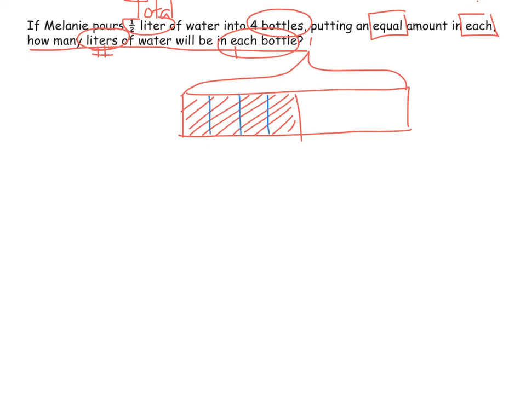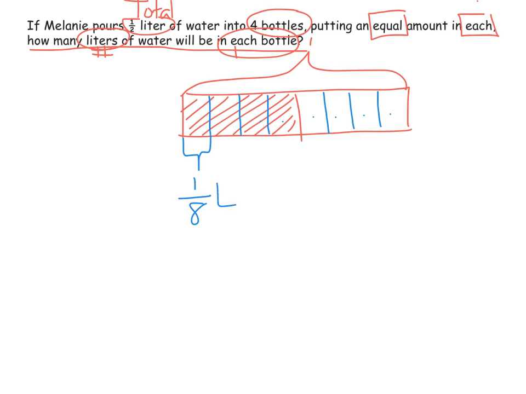There's my 4 bottles, but I can't just do 4 bottles on the left half. I have to do it 4 bottles on the empty half, which means there's no water. So that just helps me figure out how much the fractional part is for 1. So it's 1 out of 1, 2, 3, 4, 5, 6, 7, 8. So 1/8 of a liter.